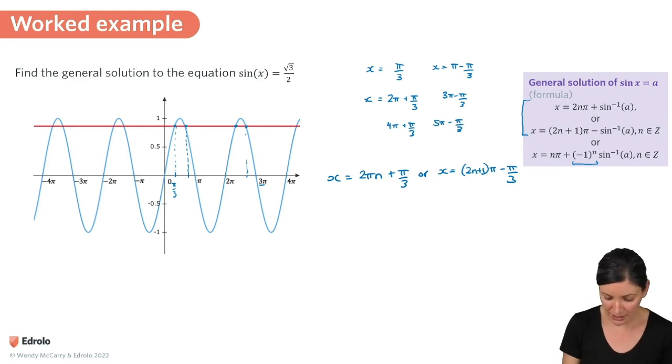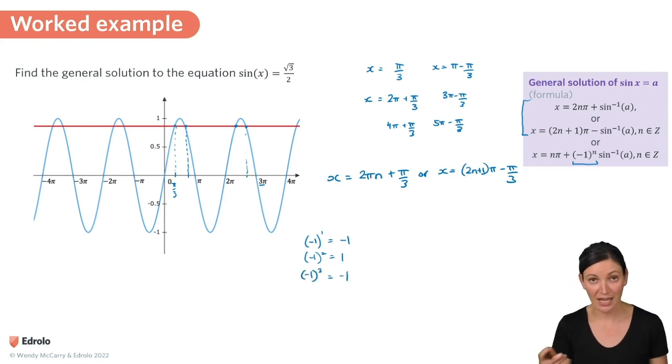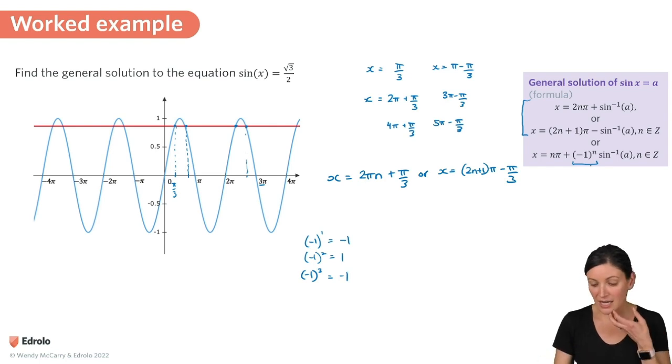Now if I do minus 1 to the power of 1, it's minus 1, right? And if I do minus 1 to the power of 2, it's positive 1. And if I do minus 1 to the power of 3, it's now negative 1 again, and so on. So adding that negative 1 to the power of n can account for me adding and subtracting that reference angle.